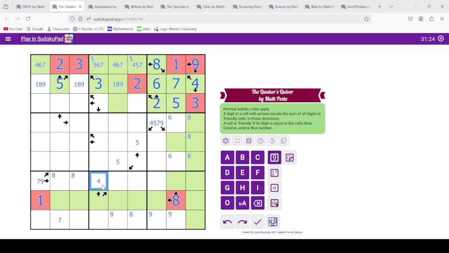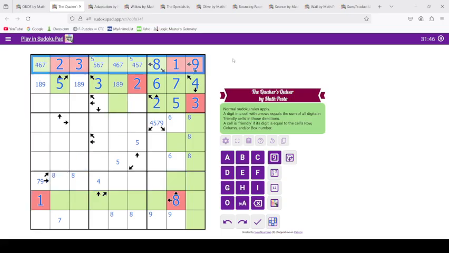If that were a 4, then you couldn't have a 7 anywhere along here. This would add to at least 11. That would have to be a 7, which is looking at 6 over here. But then where are you going to place a 1 along any of those arrows?